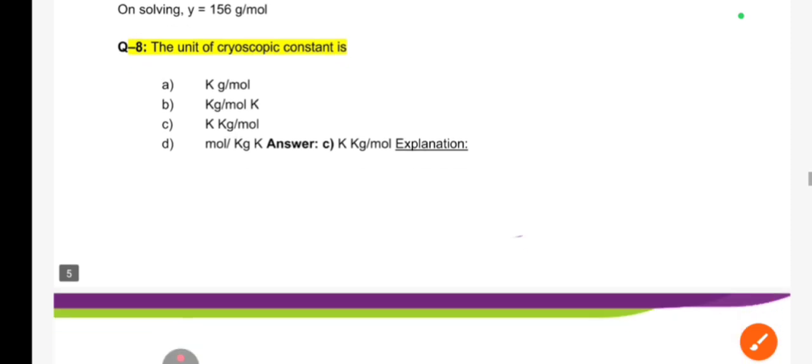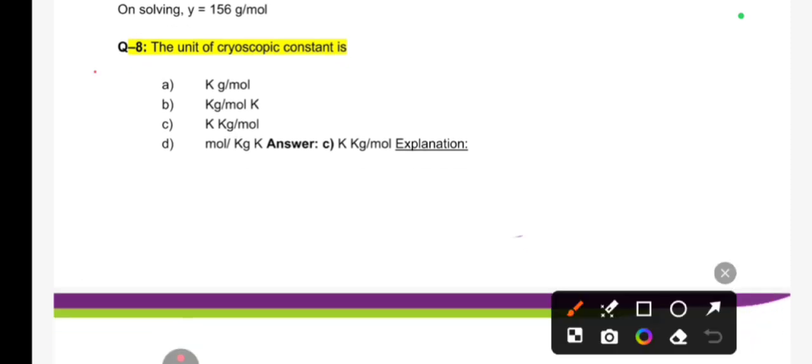Our next question: the unit of cryoscopic constant is option A kilogram per mole per Kelvin, C Kelvin kilogram per mole, D mole kilogram Kelvin. Answer C is correct. What is the cryoscopic constant?